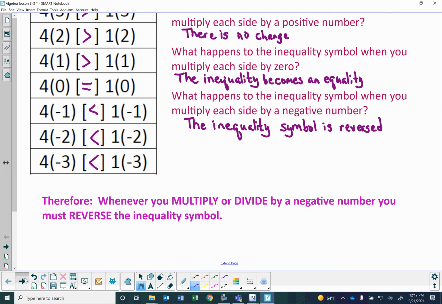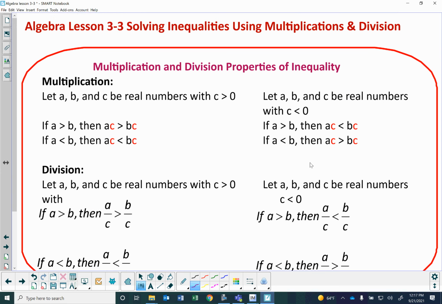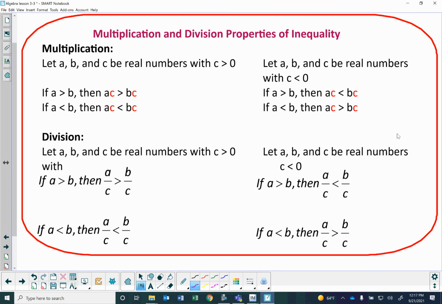So let's take a look at this next thing here. Here are your multiplication and division properties of inequality. Let A, B, and C be real numbers where C is greater than 0. If A is greater than B, then A times C is greater than B times C. If A is less than B, then A times C is less than B times C. If C is less than 0, however, which means it's a negative number, if A is greater than B, then A times C is less than B times C. If A is less than B, then A times C is greater than B times C. And the same thing happens with division.